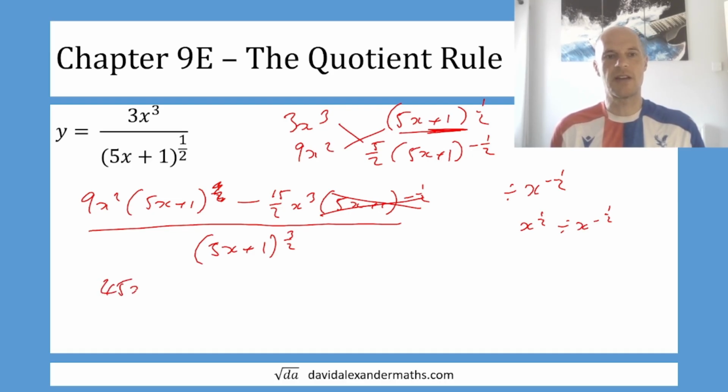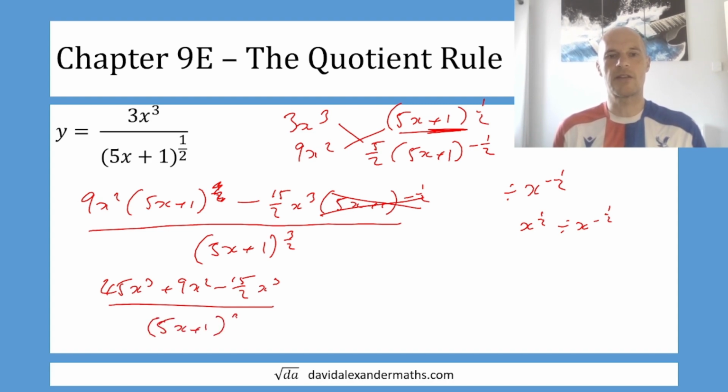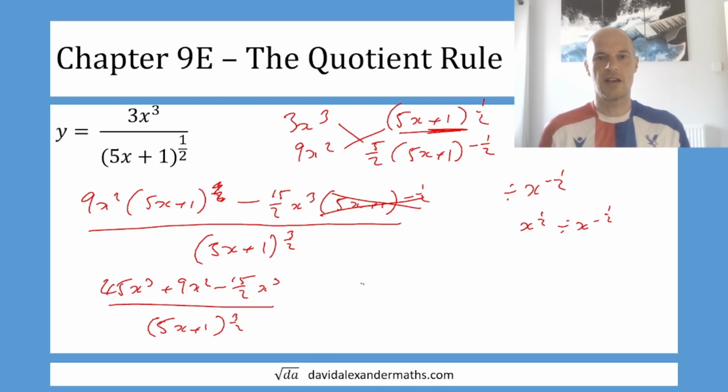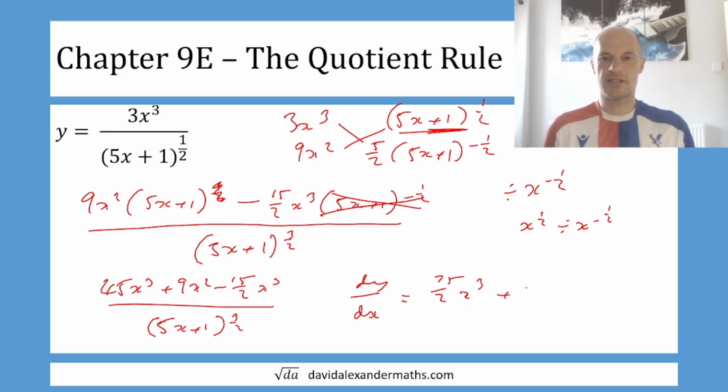It's going to be 45x cubed plus 9x squared, take away 15 over 2 x cubed, all over the 5x plus 1 to the power of 3 over 2, and 45 take away 15 over 2 is 75 over 2, so our derivative is 75 over 2 x cubed plus 9x squared all over 5x plus 1 to the power of 3 over 2.